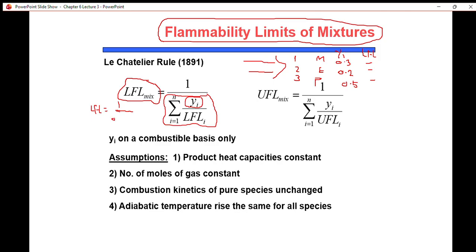0.3 divided by the lower flammability limit for, let's say, methane.